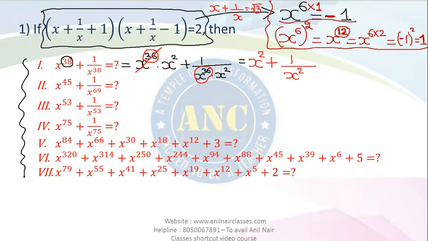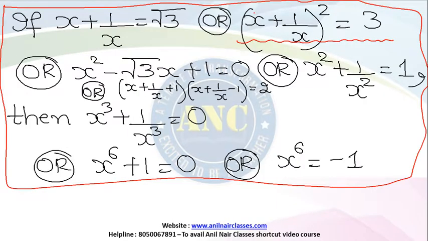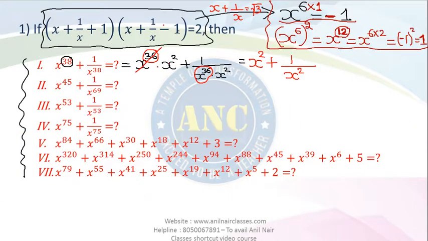That is the reason I am telling you so many times, never ever forget the table I gave. This one box, (x + 1/x) into (x + 1/x minus 1) equal to 2, can also be called x + 1/x equal to root 3. Everything is same, only the ways of expressing them are different. That means we know the value of x + 1/x as root 3 in this question. They are asking you to find the x^2 + 1/x^2 value.